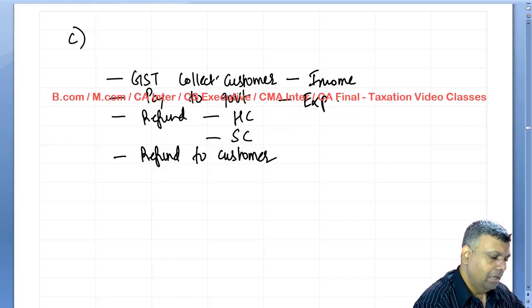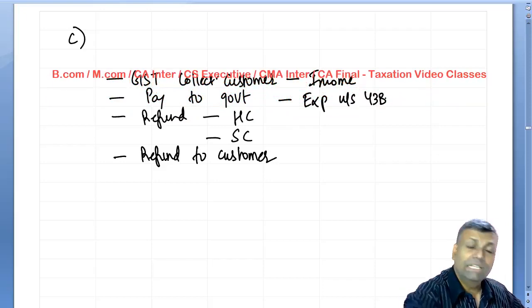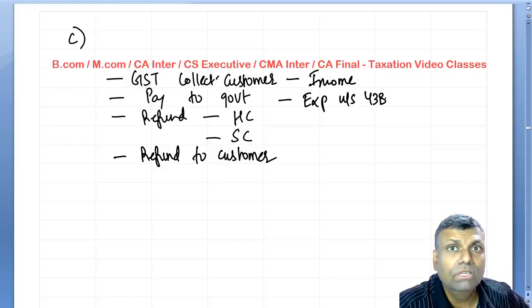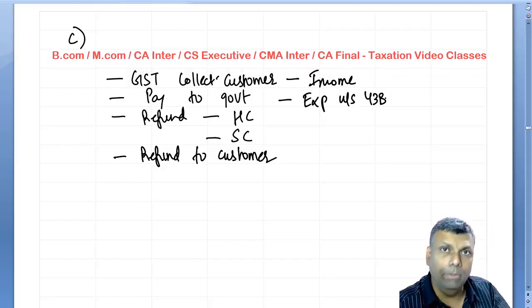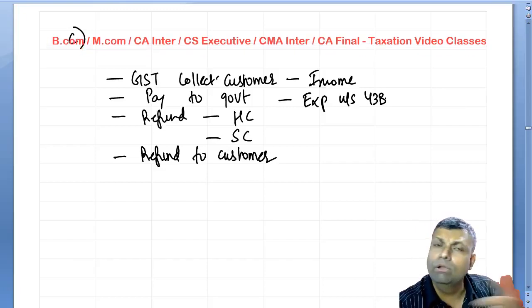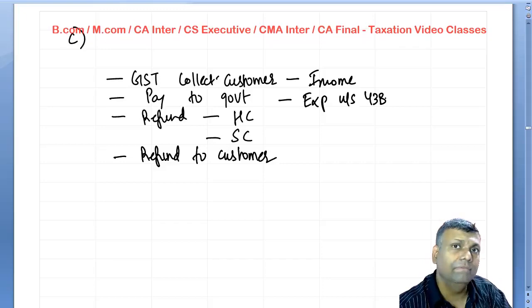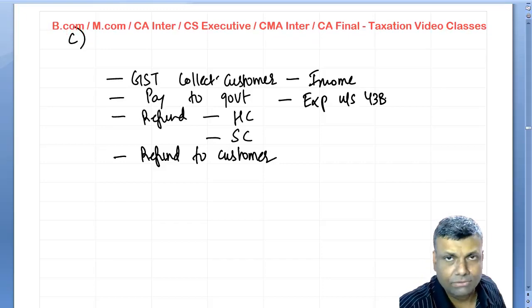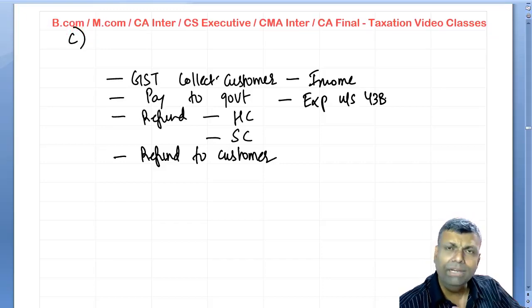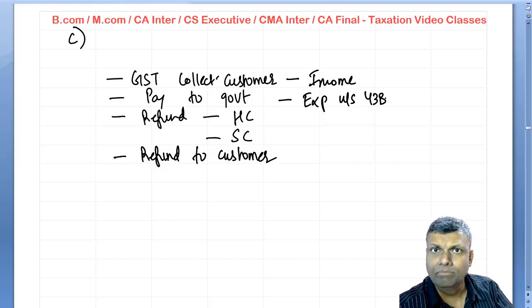So when you pay, you get an expense deduction, but it is subject to the condition of section 43B. Section 43B says that you get the deduction on a payment basis. So you collect it from the customer and next month you pay to the government. You have paid it, so you get a deduction. So things get squared off. That means you don't have a tax burden on that. So it is a very routine kind of transaction. Collect from customer, show it as your income, and when you pay to the government, take it as a deduction.